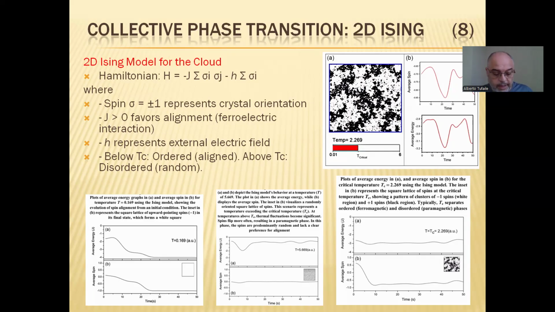The figures show the characteristic cluster formation at this transition. So here you have, below the critical temperature, in this 2D Ising model, you see this pattern, and above the critical temperature you have this other pattern, and at the critical temperature you have these distributions of spins.